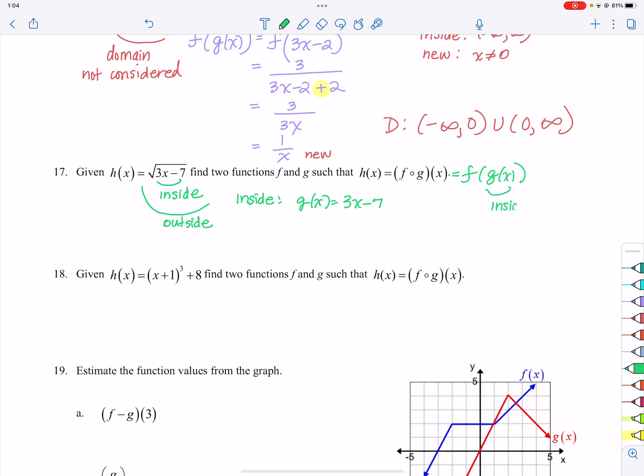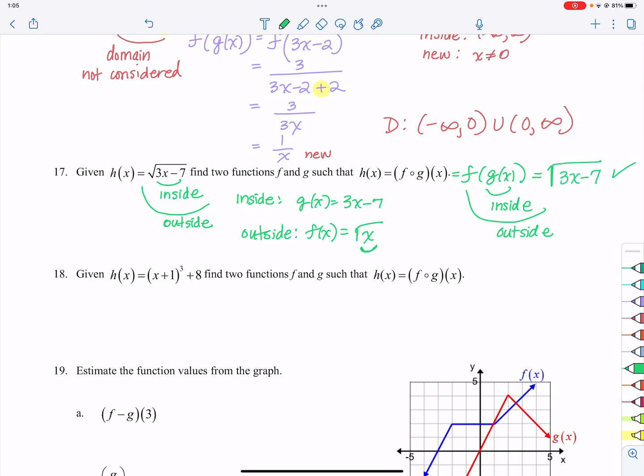This is the inside function, and f is the outside function. So the outside function we're going to call f of x, and it's simply the square root of x, what is input, okay? So that would mean that f composed with g of x is going to be f with g of x on the inside, the square root of 3x minus 7.